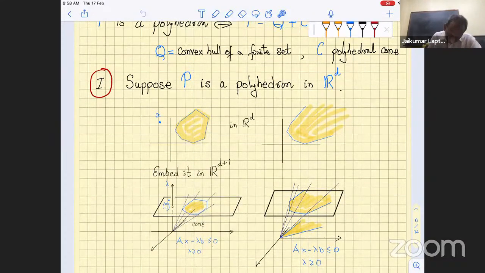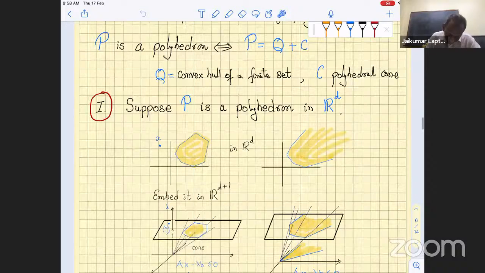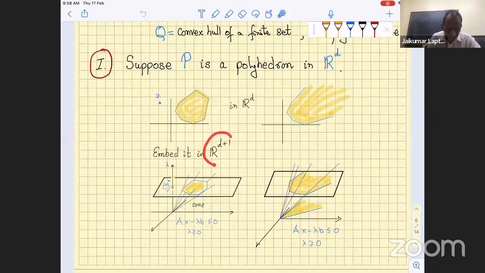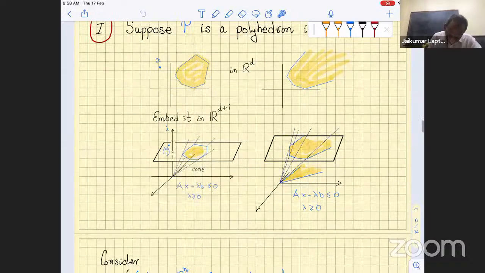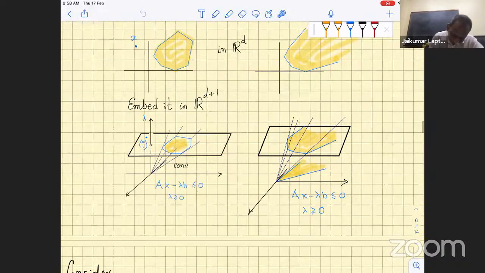So you embed this polyhedron that you have been given in one dimension more. I've drawn a picture. I don't know if you are seeing the picture exactly the way I'm seeing it. So what have I done? Originally, I was in R^D. Now I am in R^(D+1).